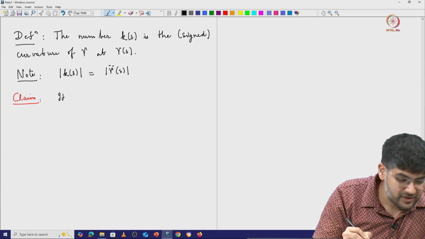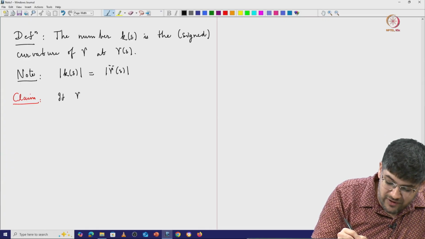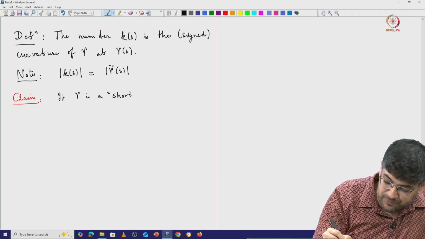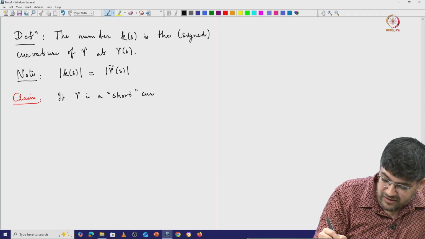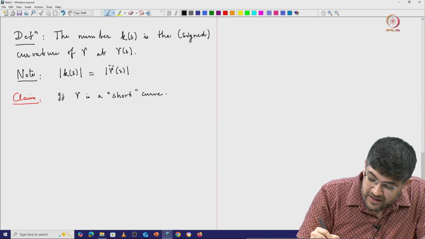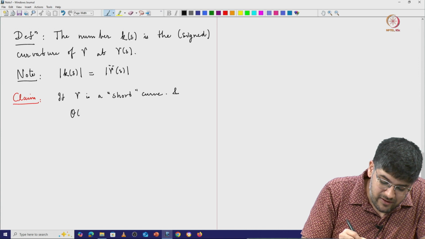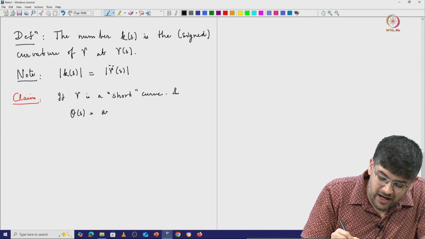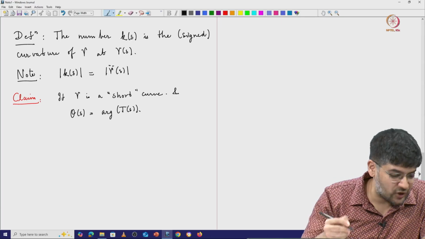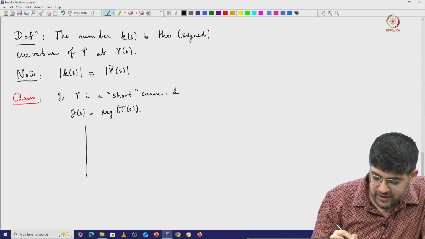that if gamma is a short curve, I'll explain what I mean by a short curve, and theta of s is the argument of the velocity vector. So let's draw a picture.